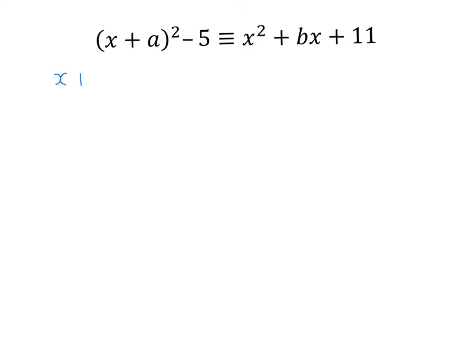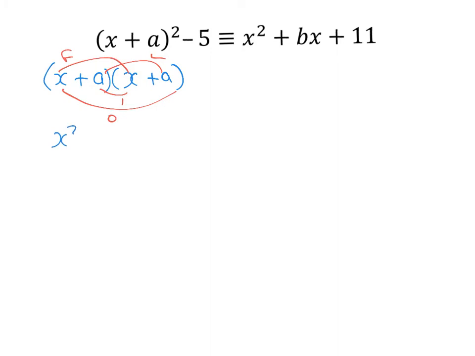So if we write this out as x plus a multiplied by x plus a, and using our FOIL method, where the first are multiplied together, and the outer, and the inner, and the last, what we get is x squared plus ax plus ax plus a squared, and then we still have this minus 5, and that needs to be identically equal to x squared plus bx plus 11.